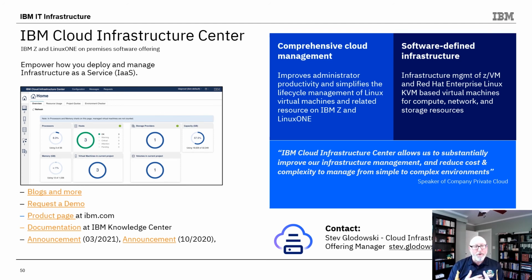So IBM Cloud Infrastructure Center, as its name indicates, supports z/VM and other platforms from an infrastructure level. It also has the capability to tie in all sorts of other things like VMware, OpenStack, Ansible, different things that are available there. So look for that, some neat stuff.